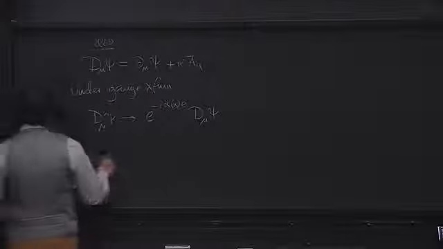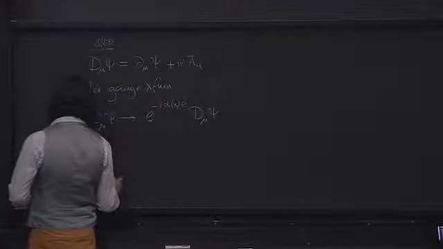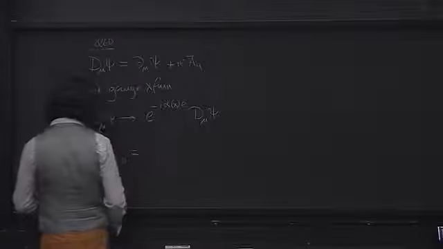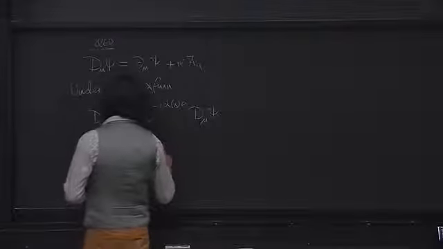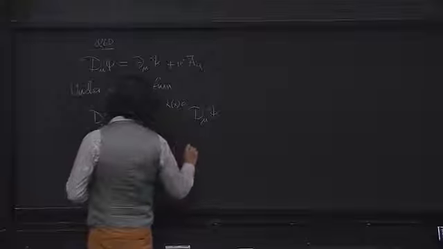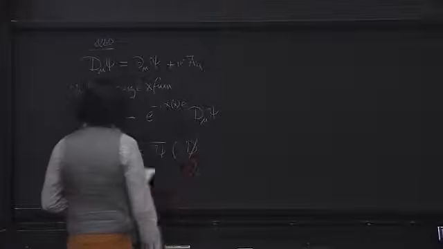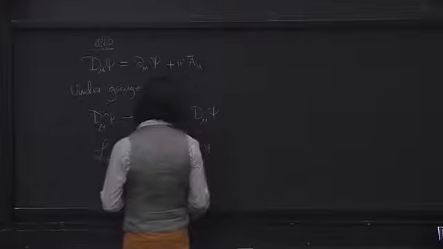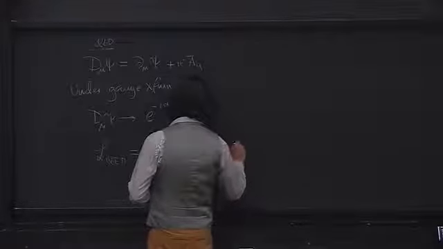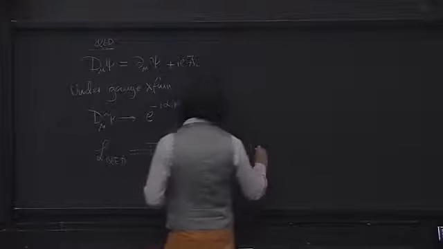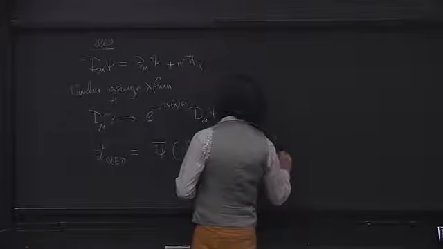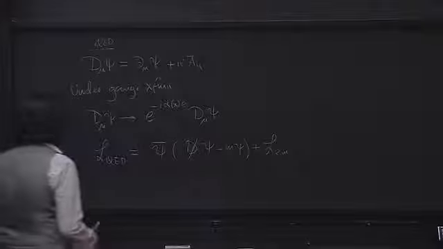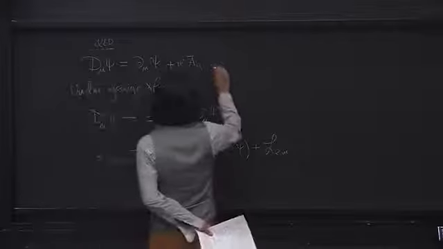And so we can express our QED Lagrangian as D slash of this new operator plus L_EM. So this is called the covariant derivative.